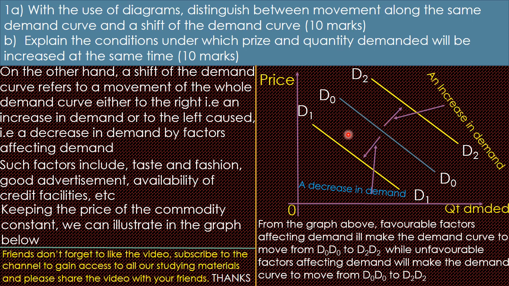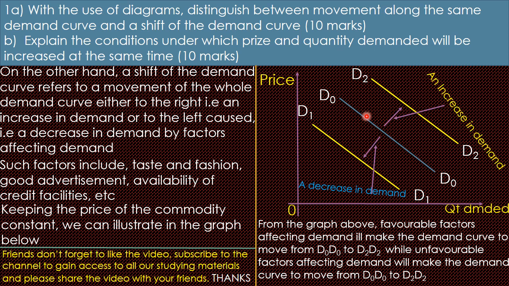So we can see from the graph above that favorable factors affecting demand will make the demand curve move from D0 to D2. As you can see, friends, the factors that will make demand favorable, like what we just mentioned here, will make the demand curve move from D0 to D2.